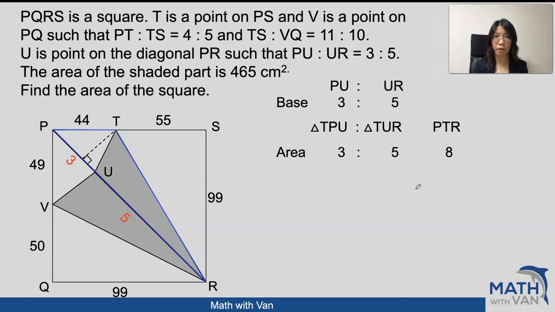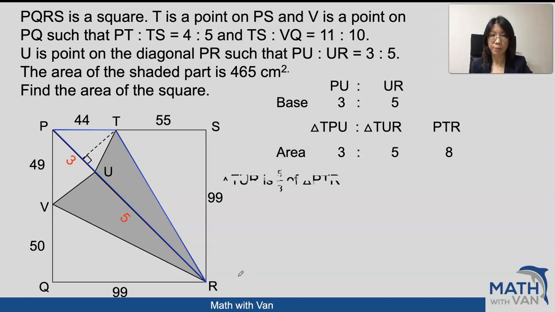The same exact ratio. So what we could say is that as a fraction of PTR, TUR is actually 5 out of 8. But remember, we want the square. That means what I'm trying to find out right now is what fraction of the square is TUR.